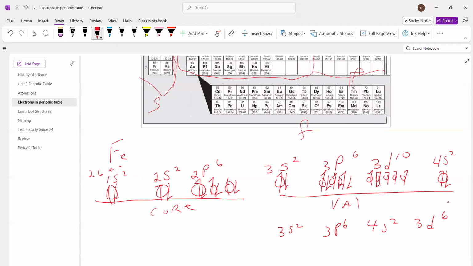So first fill those, the inner S is closer than this S. So this fills first, then the P's, then we fill the S's, which actually is closer to the nucleus than the D's. That's why it fills first. Then we have the leftovers into the D's.